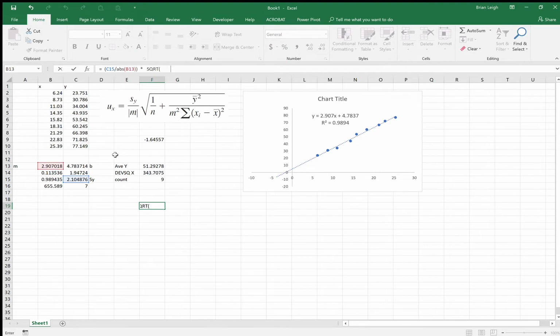And I'm going to just push this out a ways. So here's my entire square root value will be in here. In here I have 1 over my n, plus.